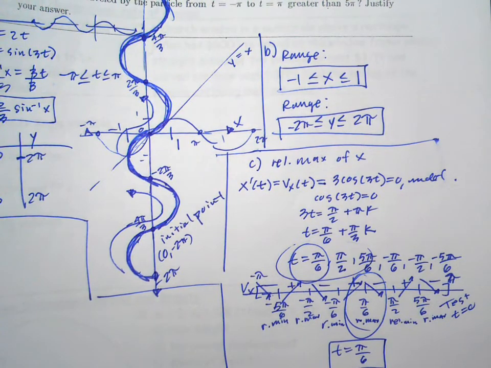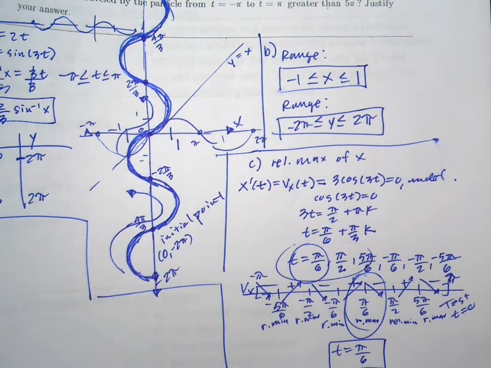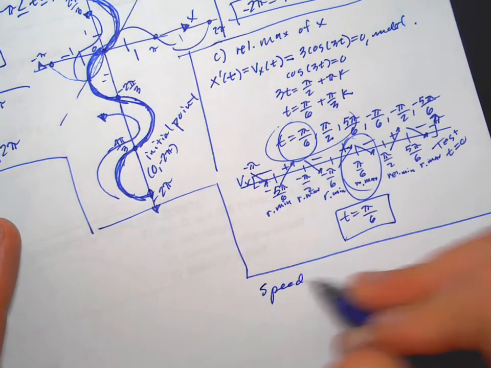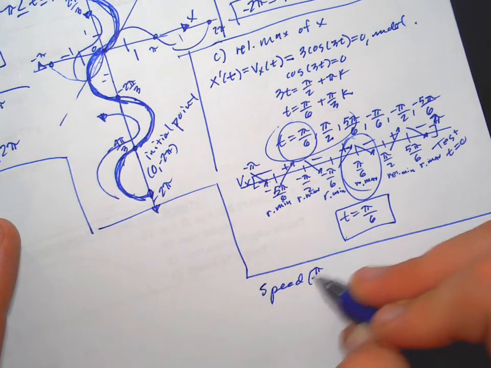Okay, looks good. Part D's... Oh wait, hold on. Shoot, do we have to do something? What's the speed? Gotta find the speed still. Classic mistake. Find the speed here.